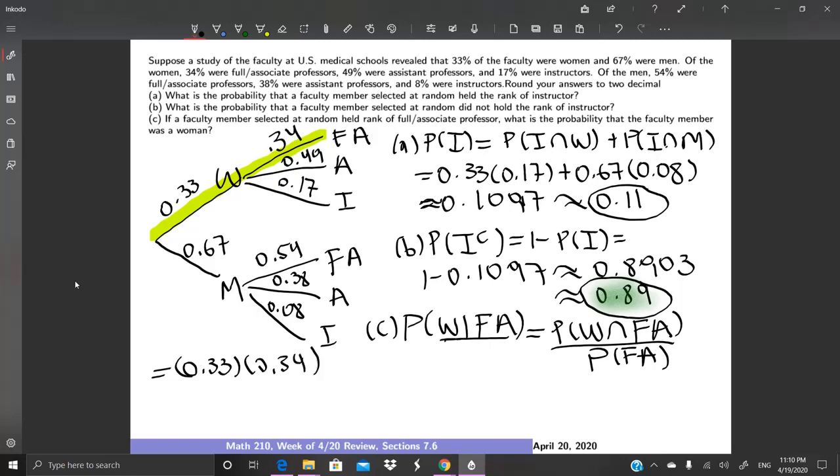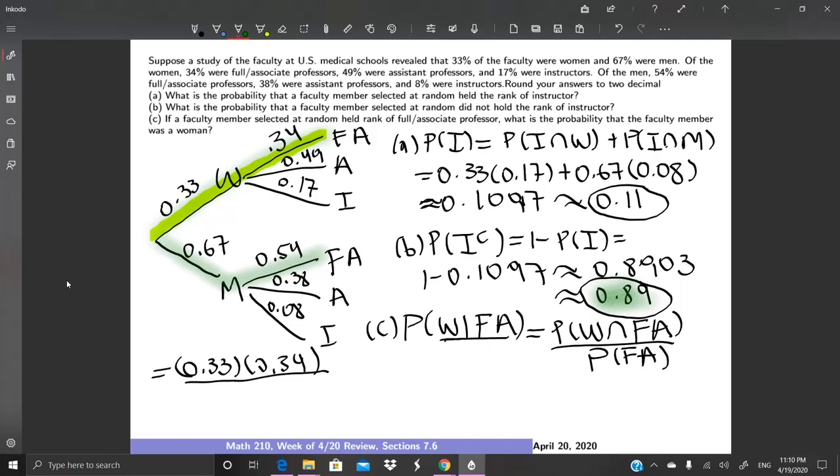0.34 divided by, okay, so now we want to find the probability of full or associate professor. So that means I have to just look at every branch that includes those. So that means I either go along this, or then down here and here, right? So those are all the ways that I can get to full or associate professor.